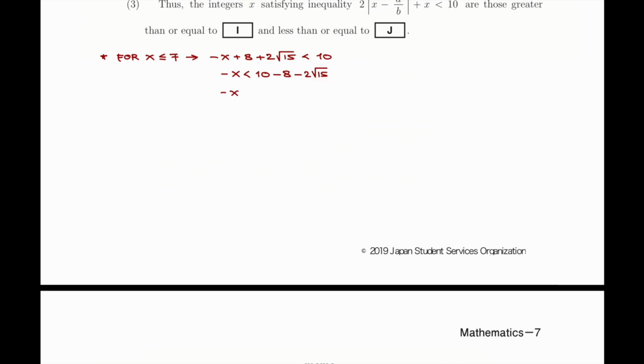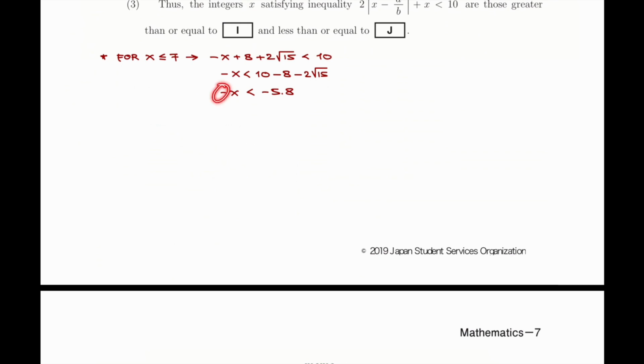Then negative x is less than 10 minus 8 minus 2 times 3.9. If you calculate it, 10 minus 8 is equal to 2, and 2 minus 7.8 gives negative 5.8. So negative x is less than negative 5.8.